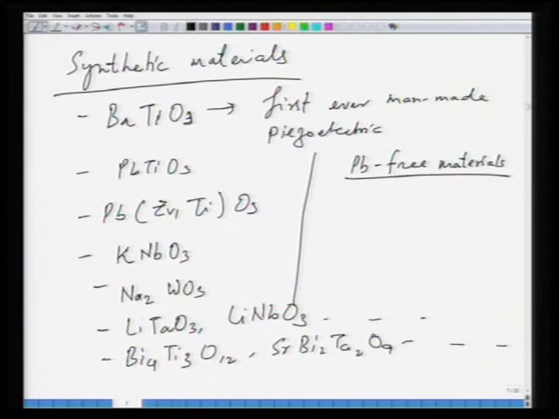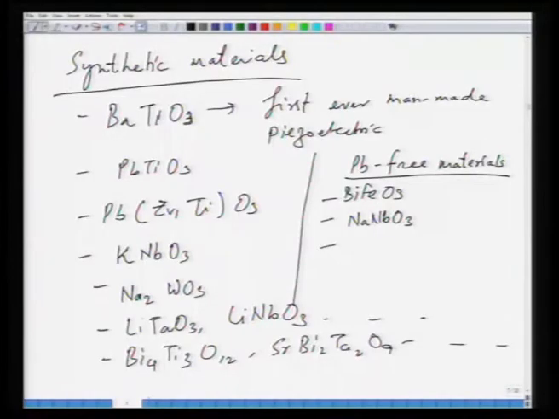Pb free materials can be BiFeO3, although it has of course issues with respect to being used as a piezoelectric. And then NaNbO3, sodium niobate, and then sodium potassium niobates, etc. So many of these materials which do not contain lead are in contention nowadays, simply because lead is not a very healthy element.